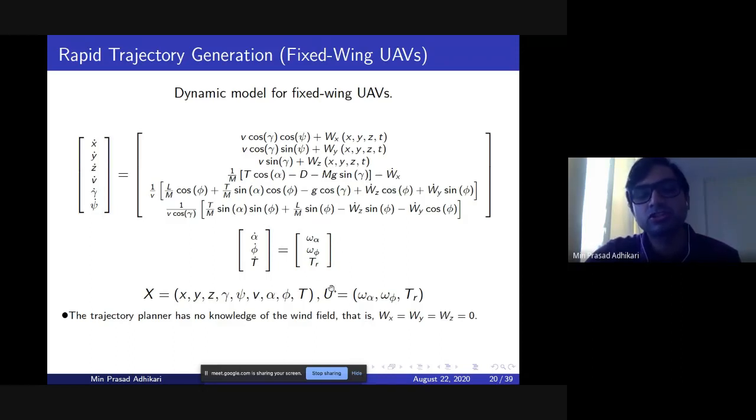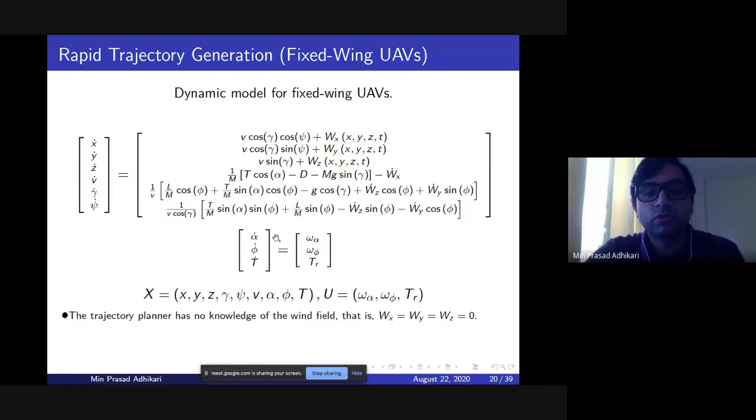This is a linear constraint that has been added to prevent the bang-bang controls, as we call them in optimal control, on alpha, phi, and thrust. So this limits the rate at which alpha, phi, and thrust change. Alpha is the angle of attack, phi is the roll angle, and thrust is thrust. These are treated as control inputs to the autopilot.